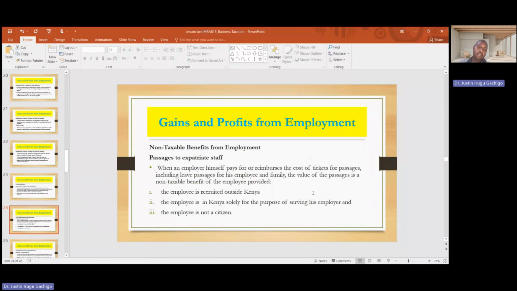So passages to expatriates are for people who come, for example, who are not residents of Kenya. If you are recruited outside Kenya, let's say you are from South Africa and you have come to Kenya, those passages are not going to be taxed on you. They are going to be reimbursements.